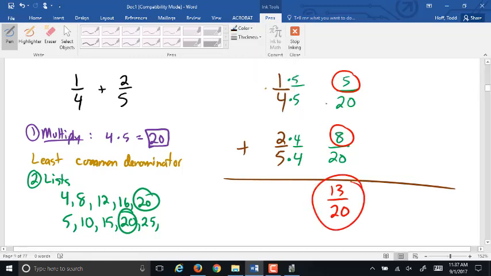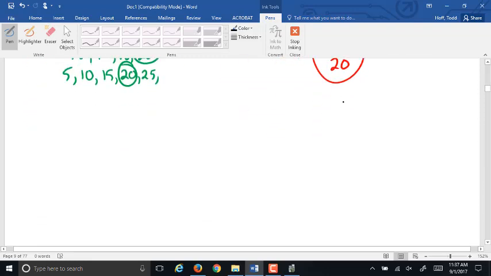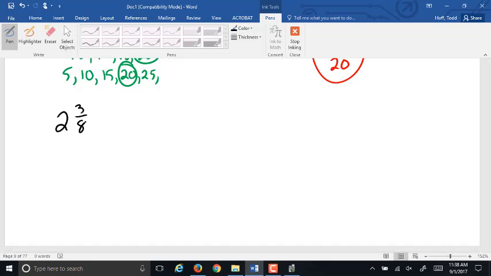We're not going to mess around too much with simple fractions. Let's jump up to mixed numbers. A mixed number, like 2 3/8, is just that we have a whole number portion and we have the fraction portion, the pieces that are left over.